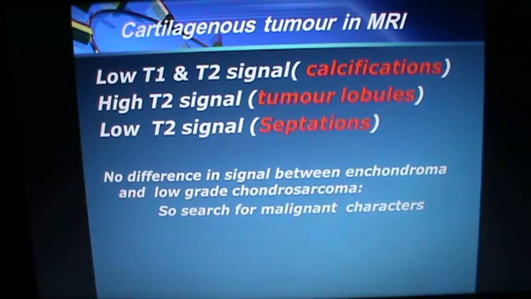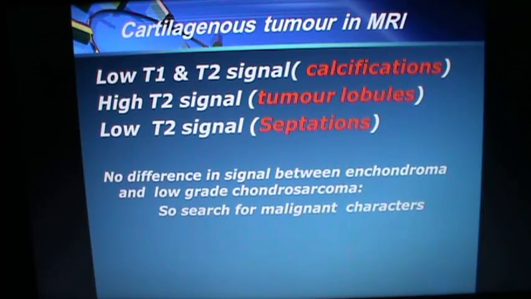The cartilaginous tumors in MRI, as we know that there is something called chondroid matrix, which is formed of flecks, arcs, rings, and mottling. This calcification will show as low T1 and T2 signal, while tumor mass itself shows high T2 signal, and septation in between could be fibrous, could be calcific, and thus it is low T2 signal.